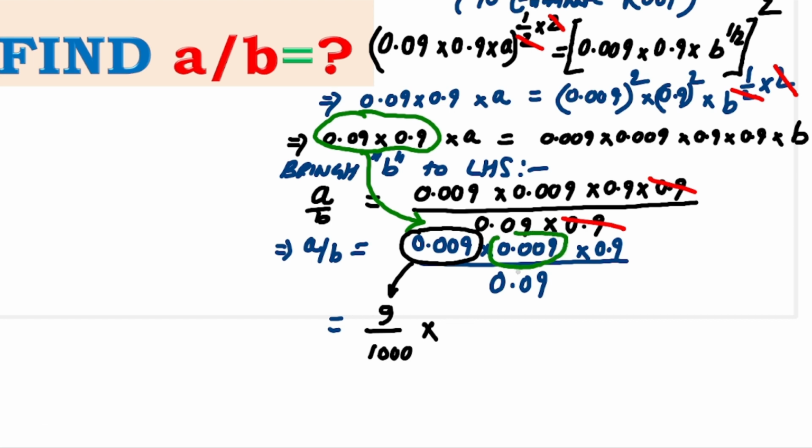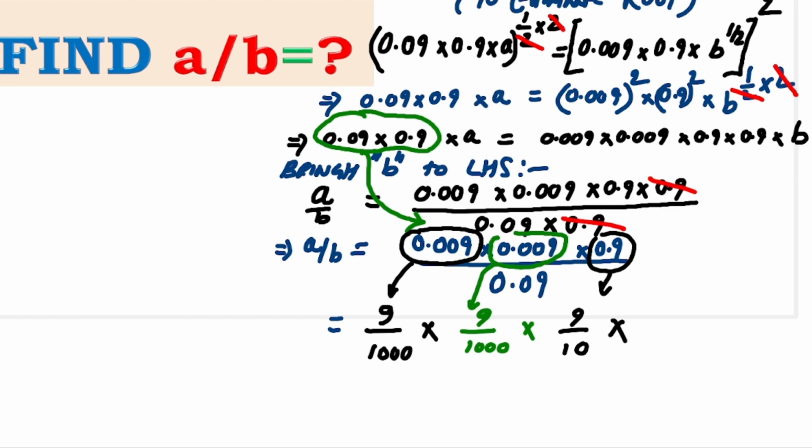Similarly, the second term, highlighted in green, will also come as 9 by 1000, right? The third term is 0.9. You can see after the decimal only one digit is there, right? So it will come, highlighted in black, as 9 by 10.